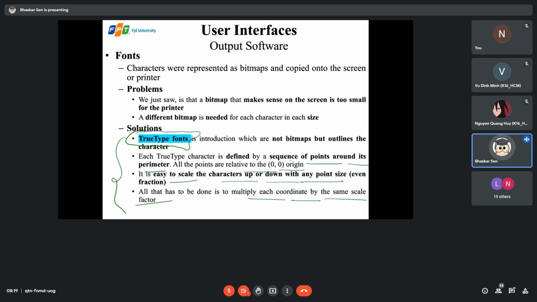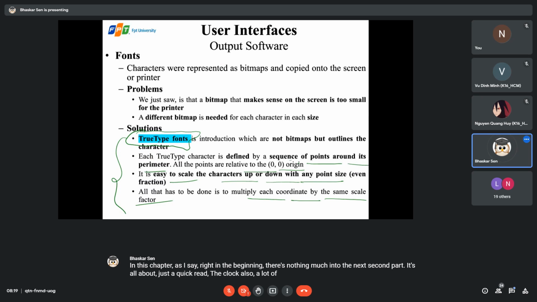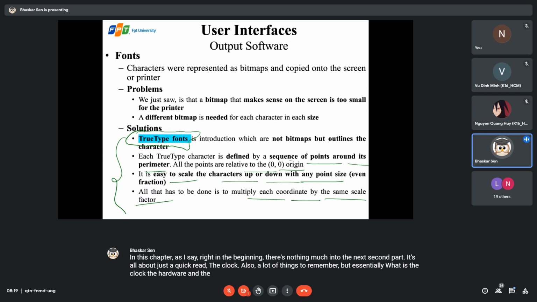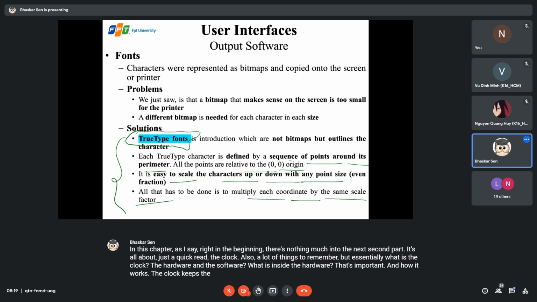In this chapter, as I said from the beginning, there's nothing much in the second part. It's all about just a quick read. But for the clock, there are a lot of things to remember. Essentially: what the clock is, the hardware and the software, what is inside the hardware, and how it works, the clock ticks, the periodic interrupts, and in how many different modes the clock hardware works.